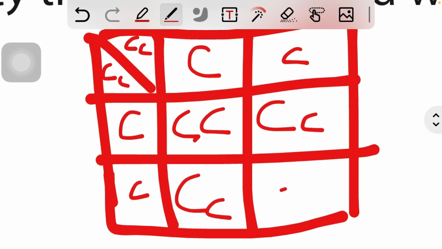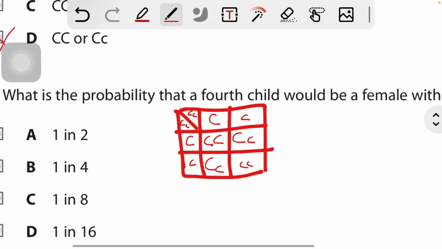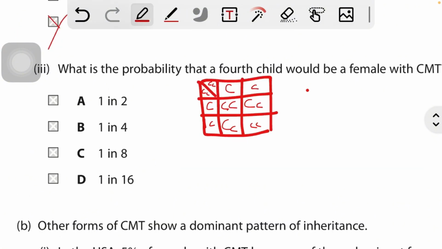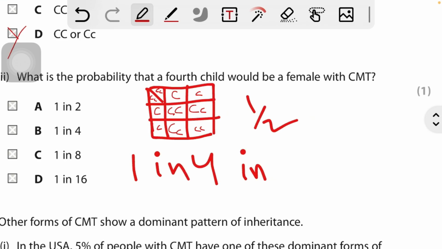The chance is 1/4, right? Boy and girl ratio is 1/2, right? So the ratio for a diseased baby is 1/4, and the ratio of the baby boy and girl is 1/2.